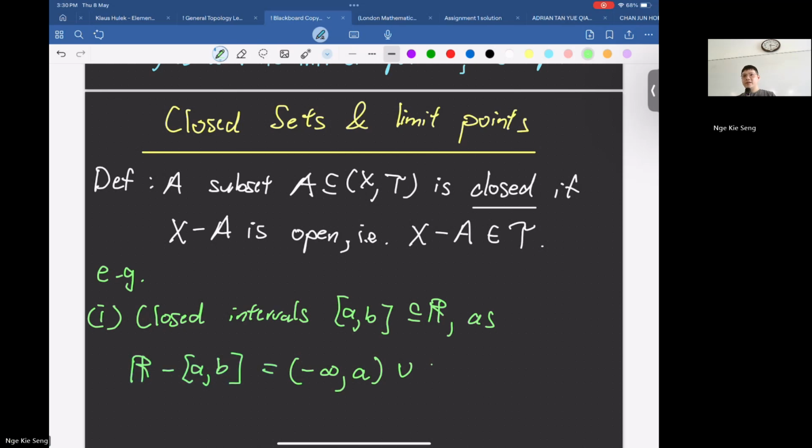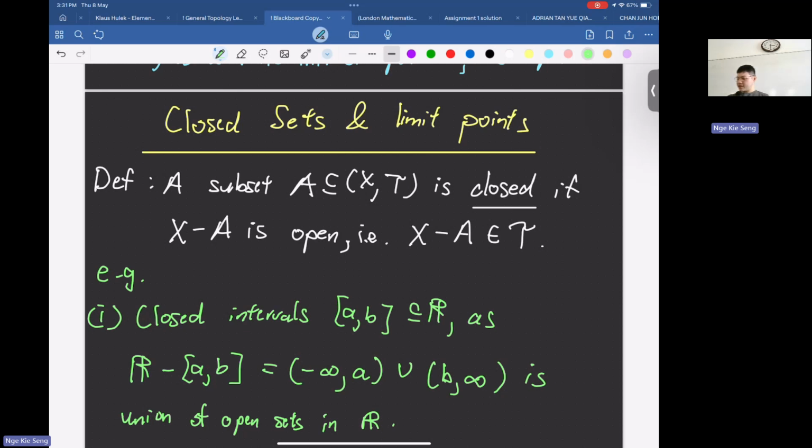Union to infinity. So yesterday we saw that these two are open sets, and you just union two open sets together. So it's again open, because the complement is open. Maybe you think that I cheated a bit.